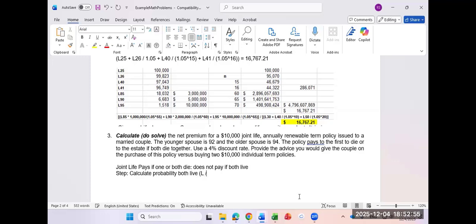That's going to be L divided by L times L divided by L. In this case, the younger spouse is 92. So you're going to divide L93 over L92. That's the probability someone aged 92 will live another year, right?